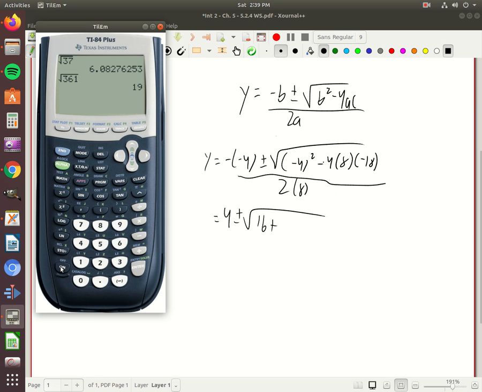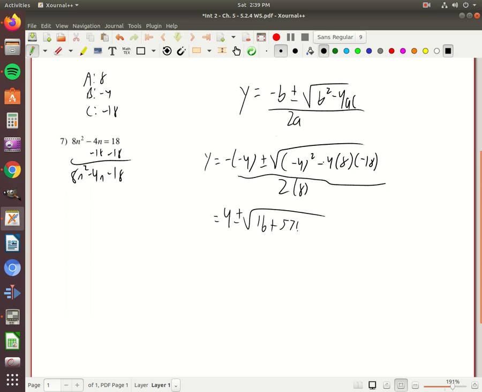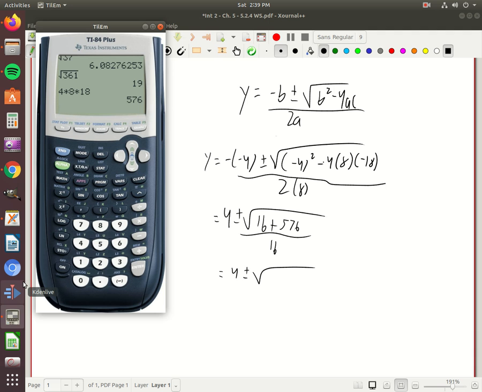I don't know, so let's see. 4 times 8 times 18 is going to be 576 over 16. I will get 4 plus or minus the square root of, and again, I have no idea, so I'll add. 576 plus 16, and now I want to get the square root of that, so let's get the square root and just do this in one fell swoop.